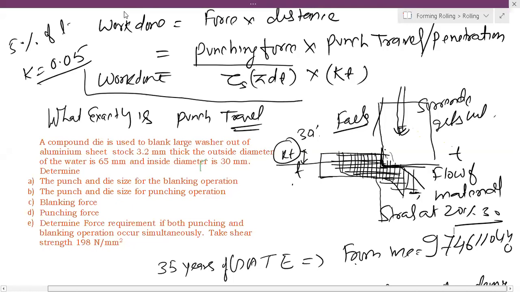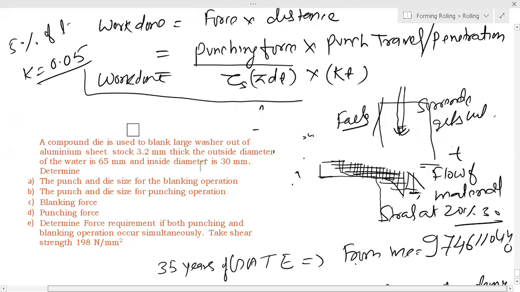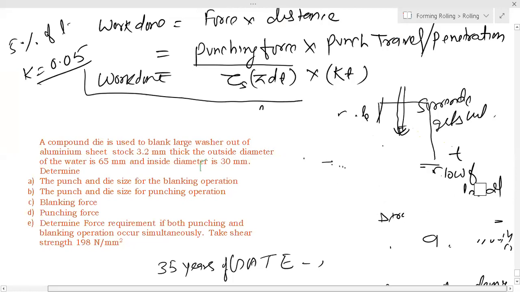So here we solve one problem. What is that problem? A compound die is used to blank a large washer out of aluminum sheet stock 3.2 mm thick. The outside diameter of the washer is given and the inside diameter is 30 mm.